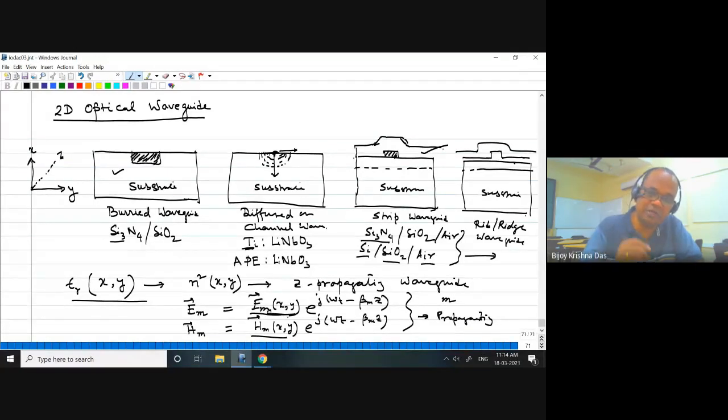I need to know the distribution, individual components of the electric and magnetic fields, and all these components will have the same phase factor, the same phase velocity, because along the z direction their profile does not change.